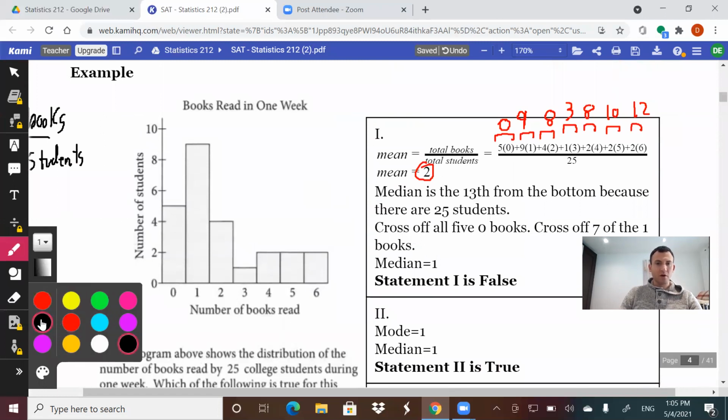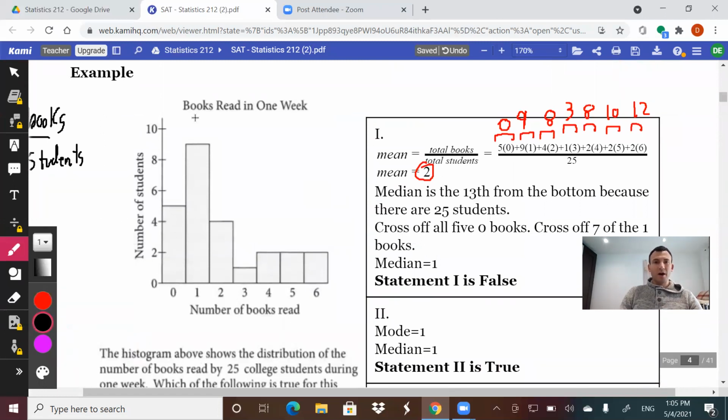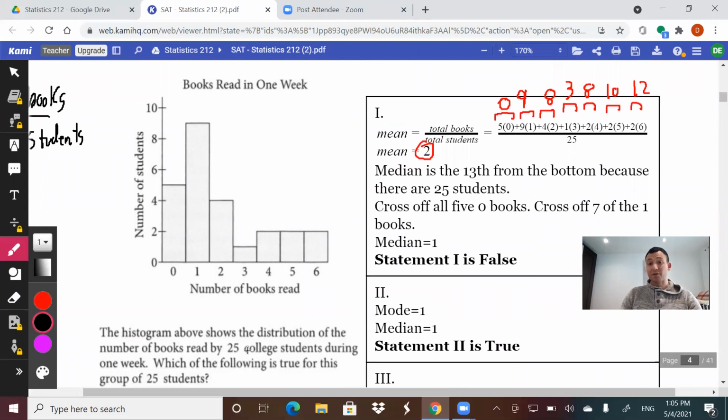So let's figure out what the median is. First off, we know the mean is 2. Okay, so our median is going to be, we have a total of 25 students. So our median is going to be what student, 13, right? So we want to go 12 from the bottom, right? If we listed these out, we would have 5 zeros, 1, 2, 3, 4, 5.